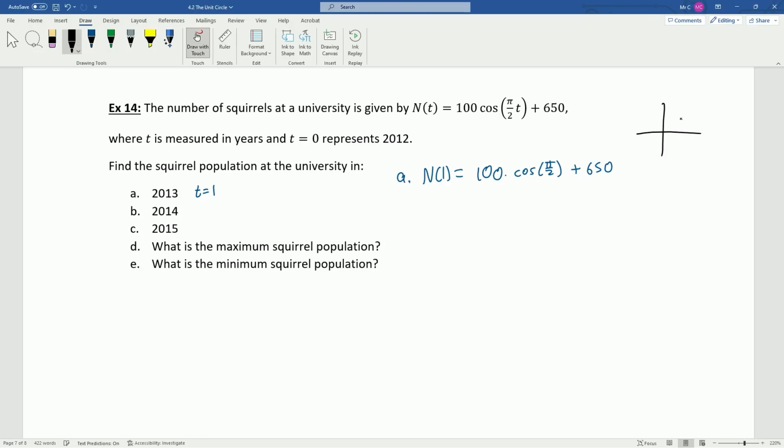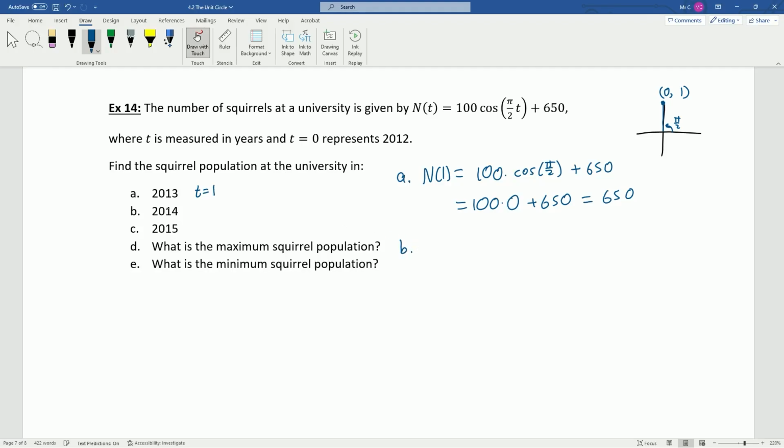And so if I draw the angle pi over 2, that puts me straight up here. And I know that the unit circle has radius 1, so I'm going straight up. That makes this the point 0, 1. And cosine is the x value. So this is 100 times 0 plus 650. And that's 0 plus 650, which is 650.